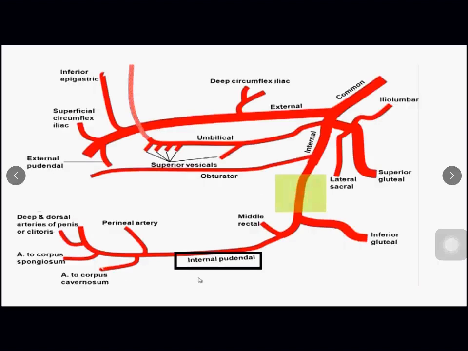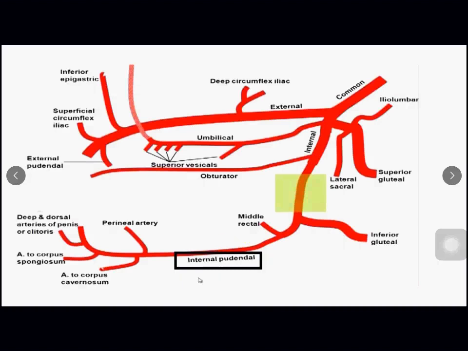Let us trace them. You know the abdominal aorta terminates as the right common iliac and left common iliac. This common iliac in turn divides into an external iliac and internal iliac. This internal iliac in turn has an anterior division and a posterior division. In the anterior division, after giving the branch to the middle rectal artery, which I told you in the first slide, it continues as the internal pudendal artery.